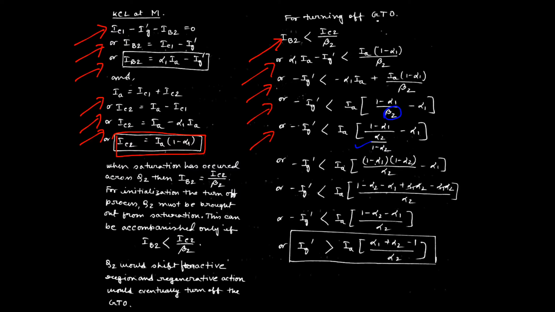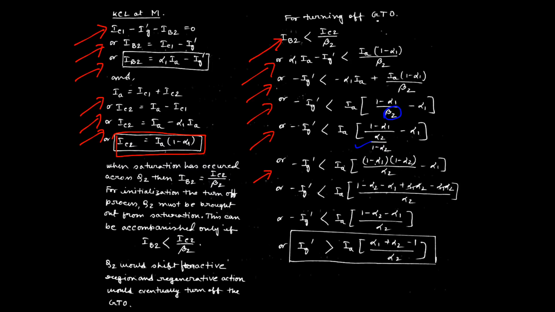We are just replacing this term. Then, after simplification, we have minus IG dash less than IA times 1 minus alpha 1 into 1 minus alpha 2 by alpha 2, minus alpha 1. We are just taking the LCM, alpha 2, and the upper part is multiplied by minus alpha 1.